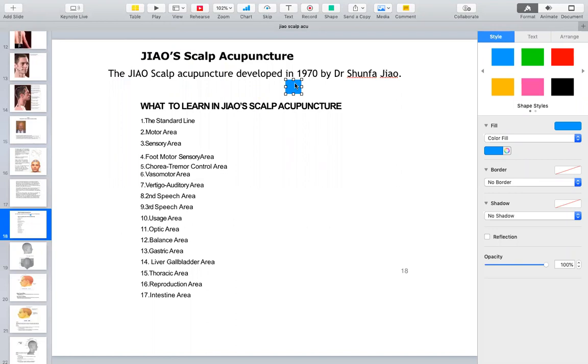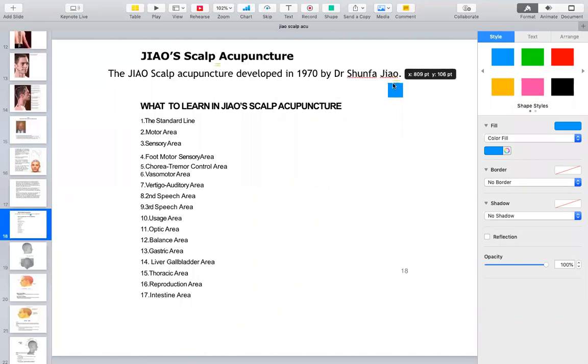who has given this system in the 1970s. Dr. Jiao Shunfa, who is basically from China, developed this acupuncture system.